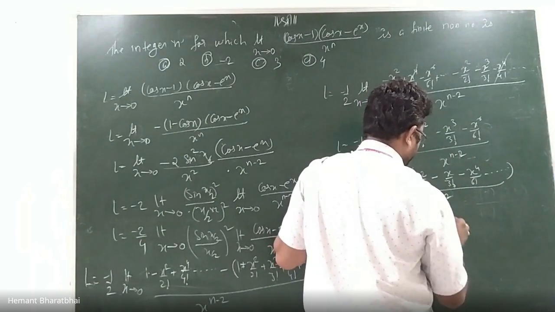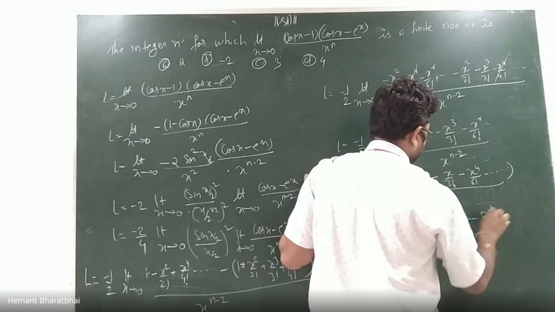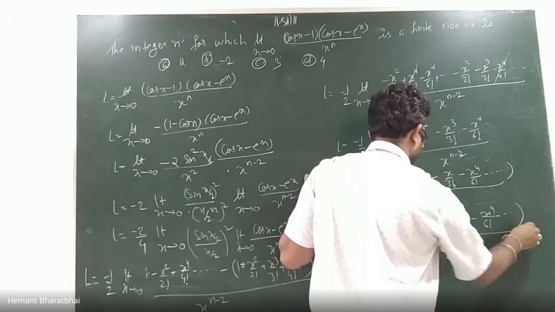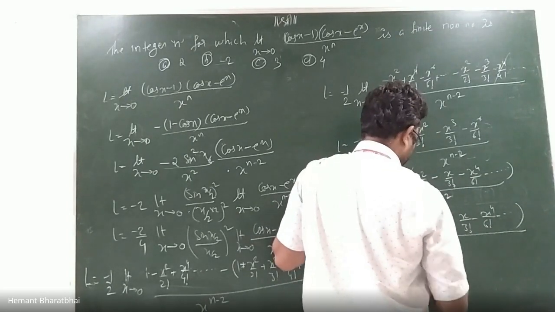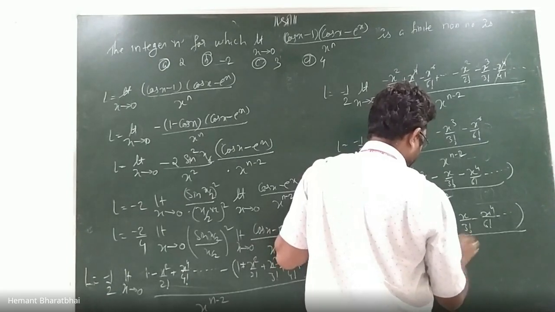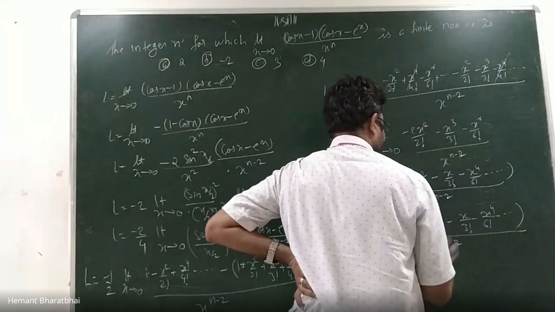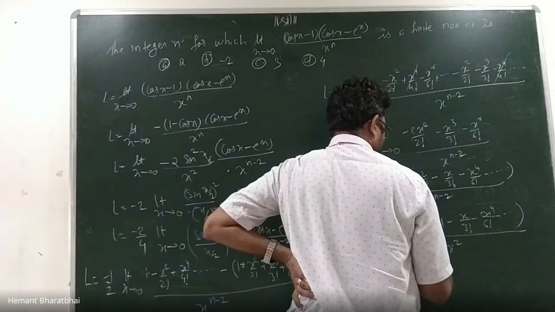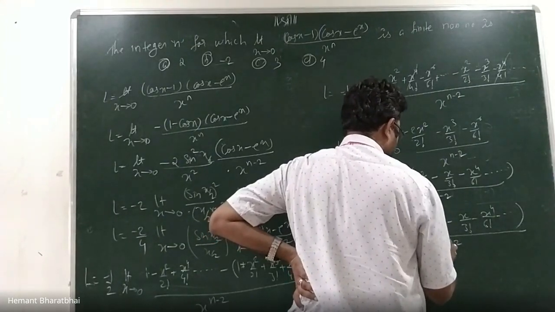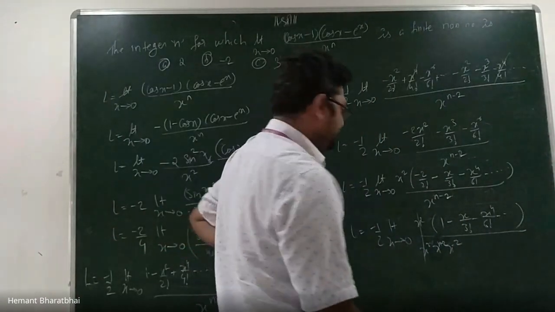So this will become 1, minus x by 3 factorial, minus x raised to 4 by 6 factorial, and so on. The denominator I can write as x raised to n into x raised to minus 2, so this further becomes x raised to n minus 4 after x square and x square get cancelled.